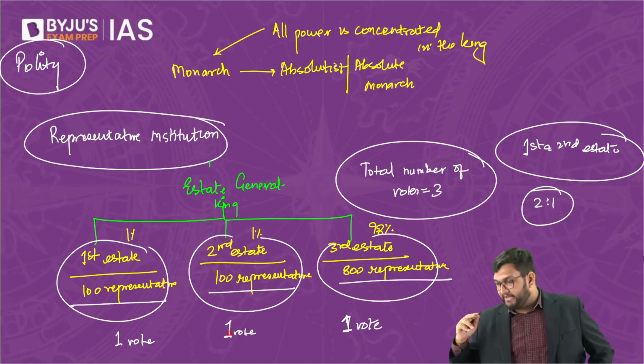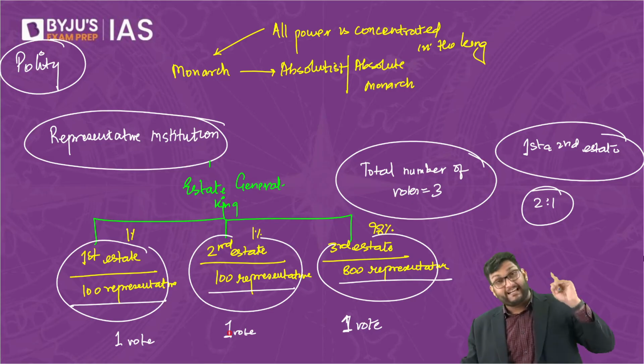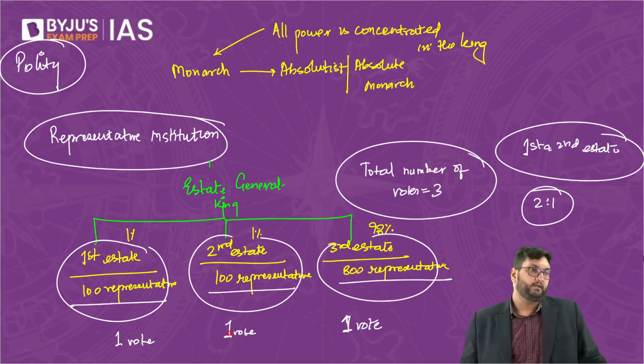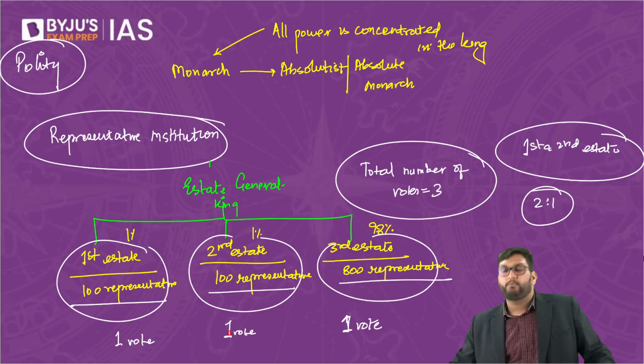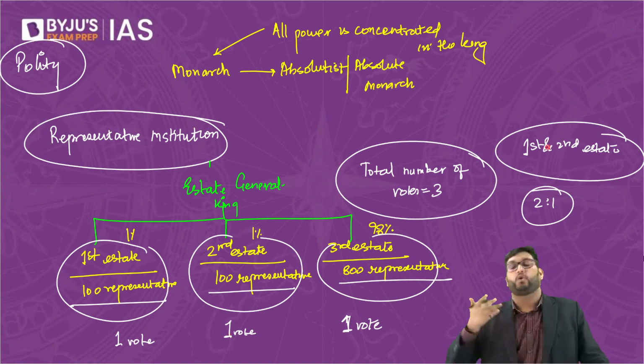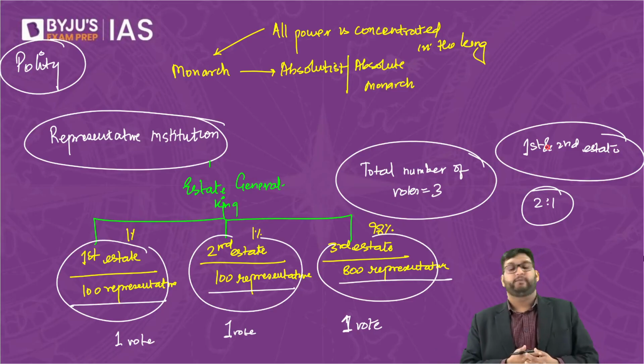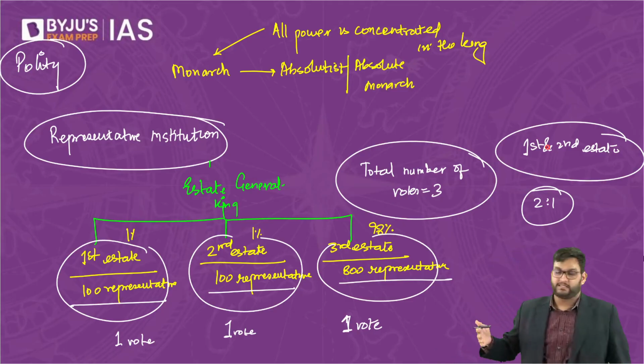So basically, 2% of the society has two votes, but 98% of society has one vote. So if there was any form of decision making, it becomes obvious that the first and second estate would always dominate, because both of them used to come together and rally against the third estate.